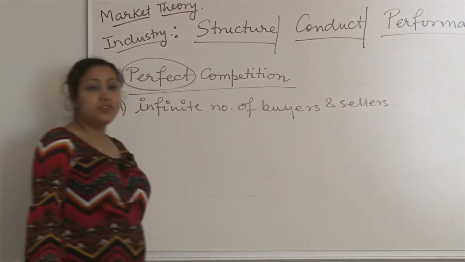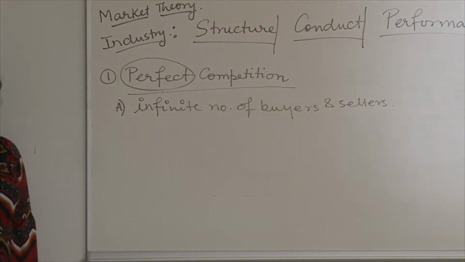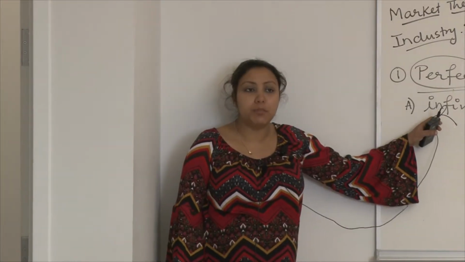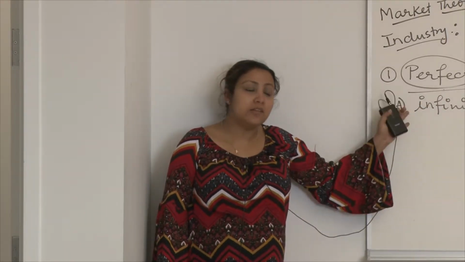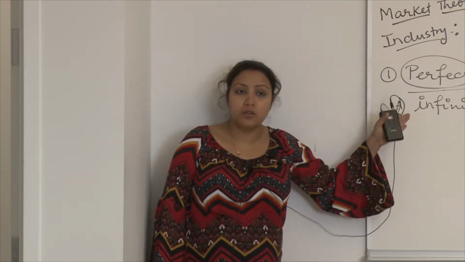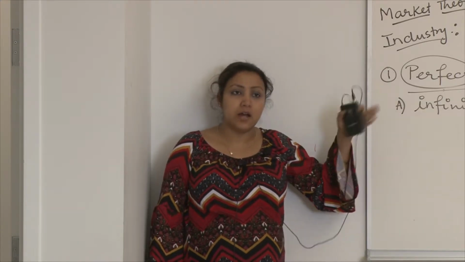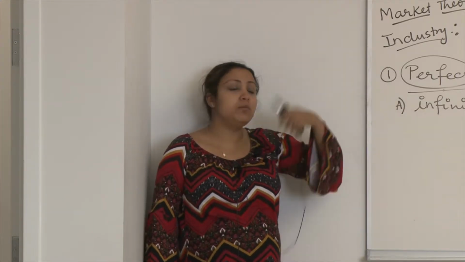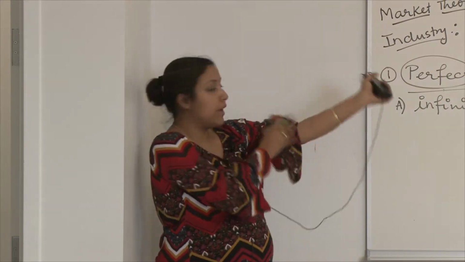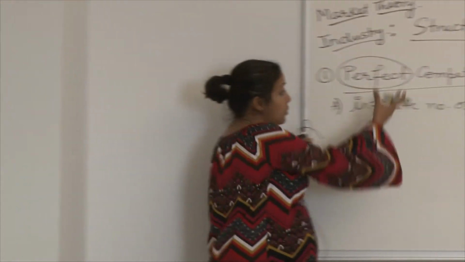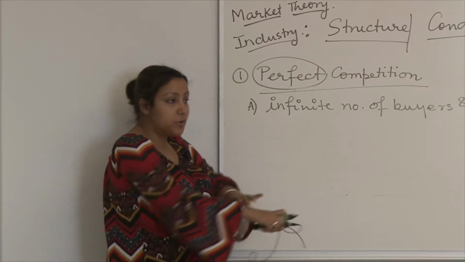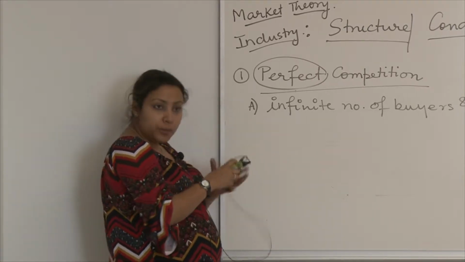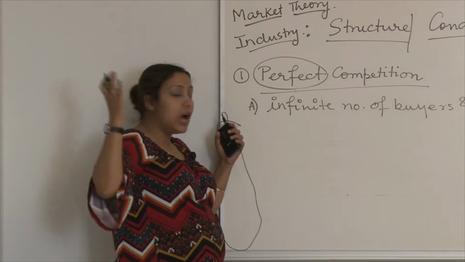That itself is an unrealistic thing to happen in the real world, because no matter which market it is, there will be a finite number of people who want to buy and a finite number of people who want to sell, right. But this is a market where you cannot count the number of buyers and sellers, an extremely, infinitely large number of buyers and sellers, and hence there is so much competition between the buyers and the sellers. There is perfect competition because they are infinitely large in number.